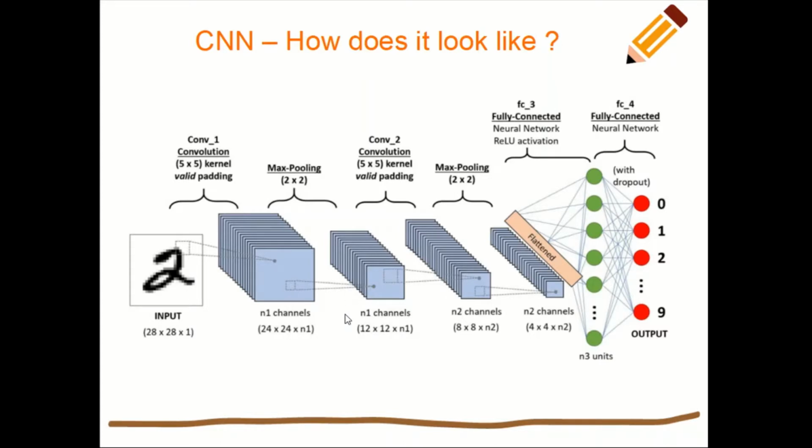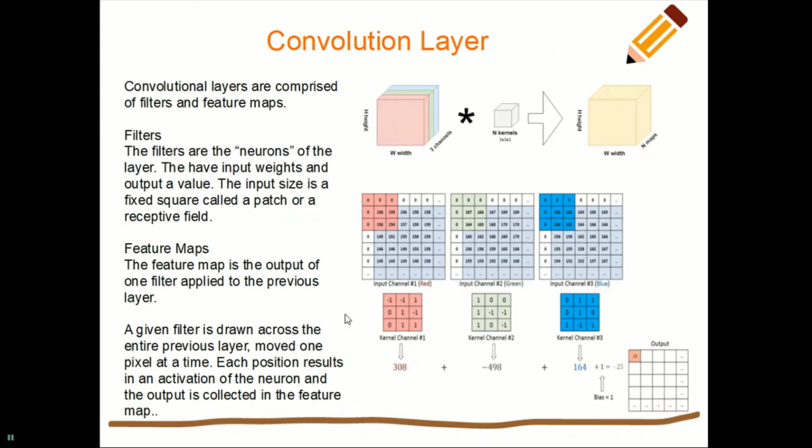so let's try to understand some basic terminology around the convolution layer. So the first layer that we are going to be talking about is the convolution layer. Convolution layers comprise filters and feature maps, right? So this sliding filter that you see here, for example, is a 3 by 3 filter.